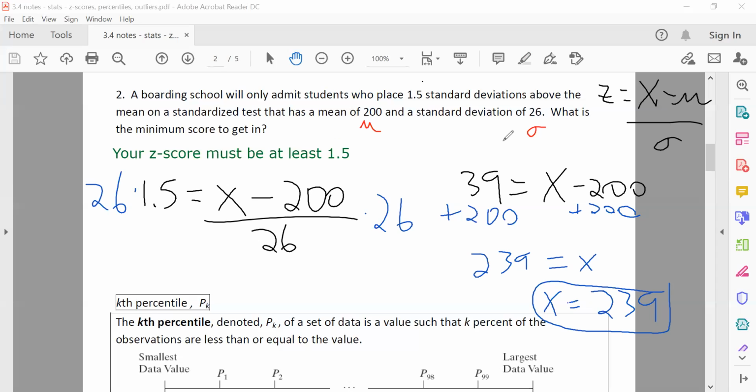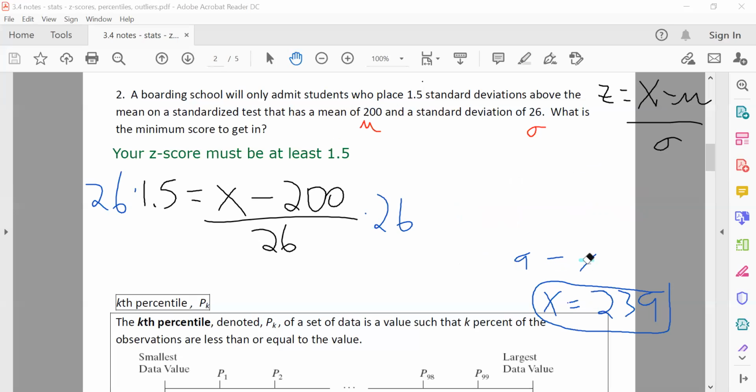So sometimes we see the z-score formula up here, x minus mu over sigma, but sometimes you'll see that formula solved for x automatically. And so you would just multiply both sides by sigma, add mu, so you'll have x equals mu plus z, your z-score, times sigma.